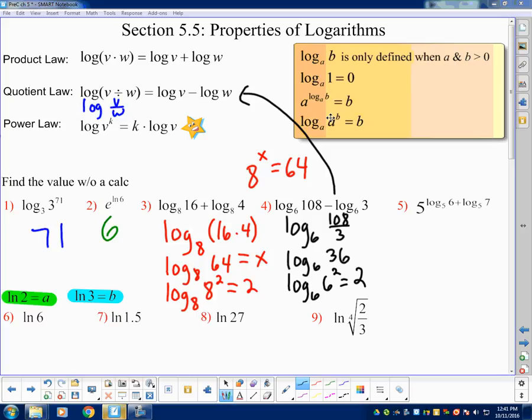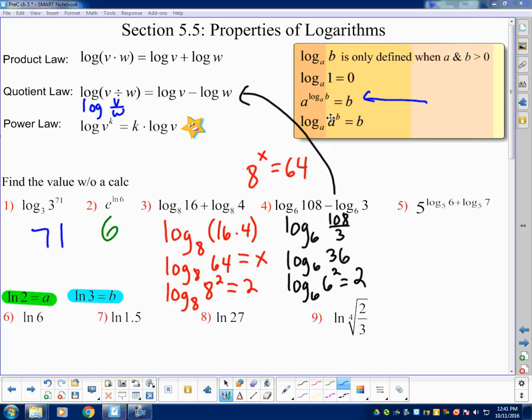All right, number 5 utilizes a couple different properties, at least 2 I see here. We have 5 to the log base 5 of 6. Do you see which one in the yellow box that fits with? It looks like it's the third one down here.